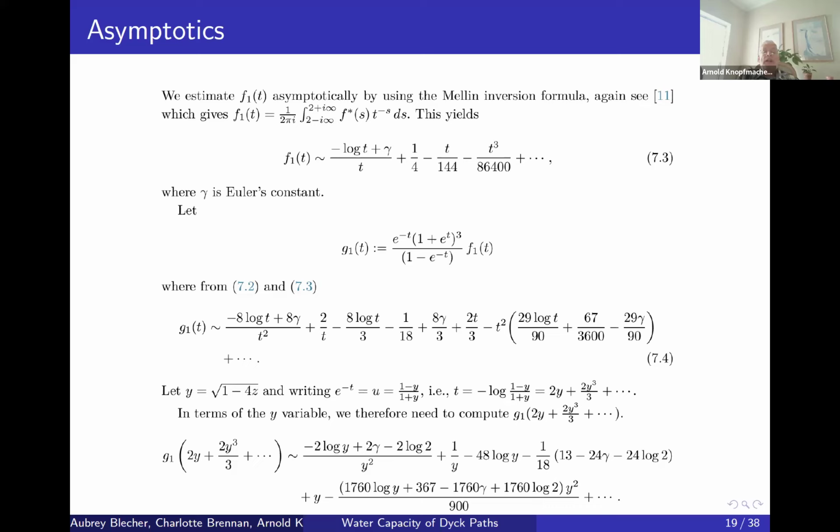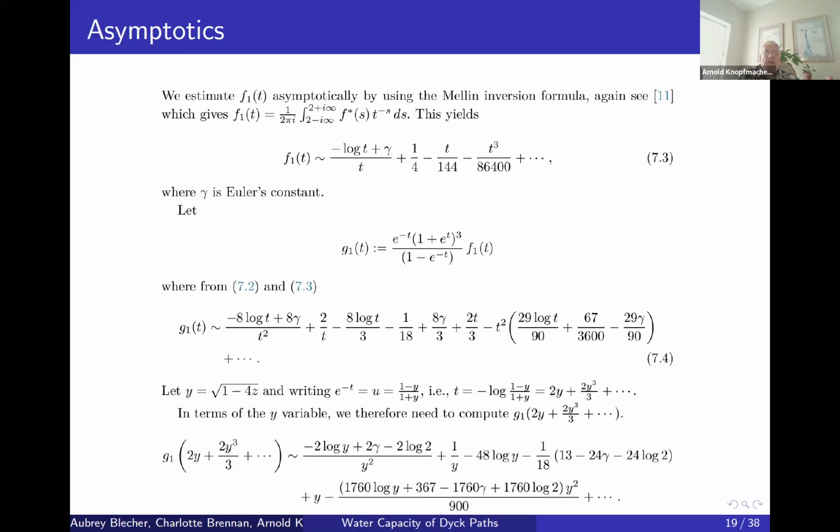And therefore, I can find the connection between t and y by solving e to the minus t equals 1 minus y over 1 plus y. And for asymptotic purposes, we don't need the whole answer. We are happy enough to see that t can be approximated by 2y plus 2y cubed over 3, plus higher terms that are not going to be important from the asymptotic point of view.